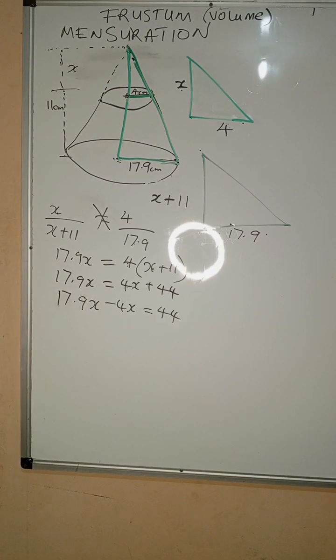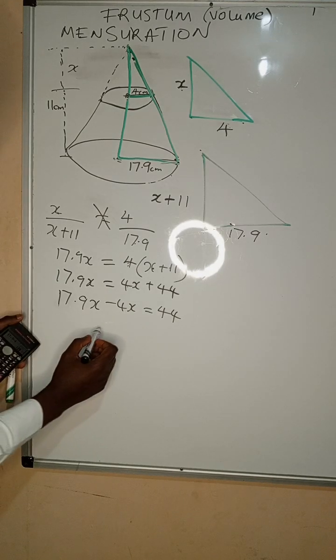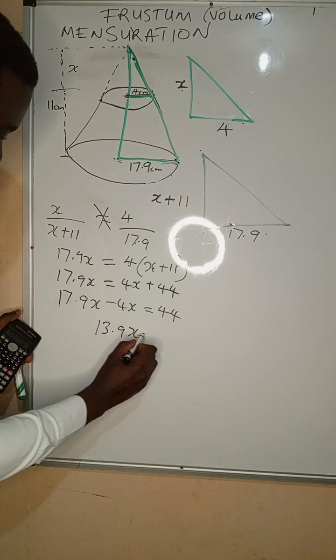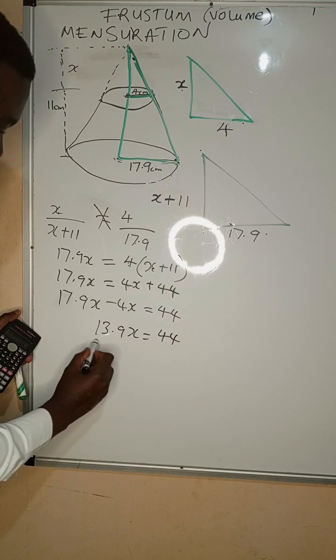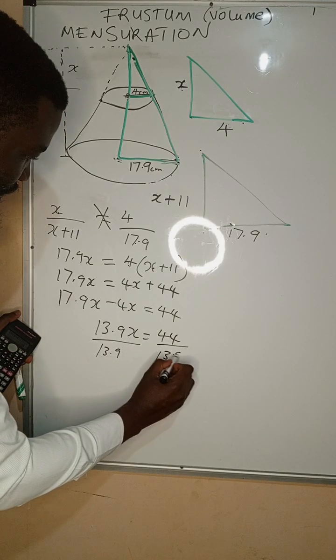17.9 minus 4. You calculate that on your calculator. 17.9 minus 4, we have 13.9. So 13.9x is equal to 44. You divide by 13.9, even this side by 13.9.